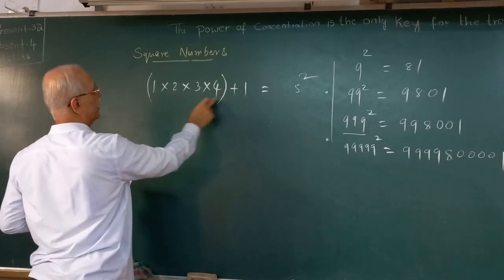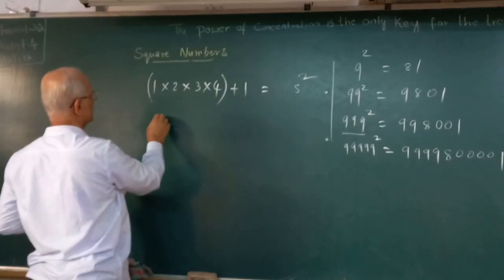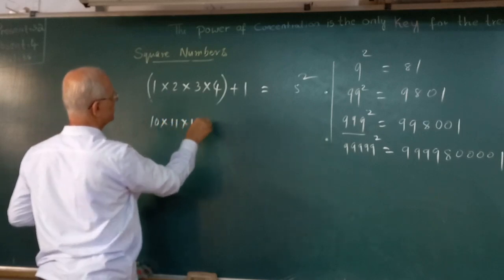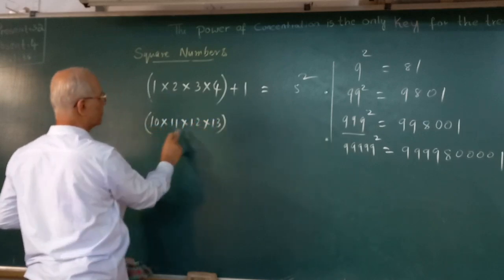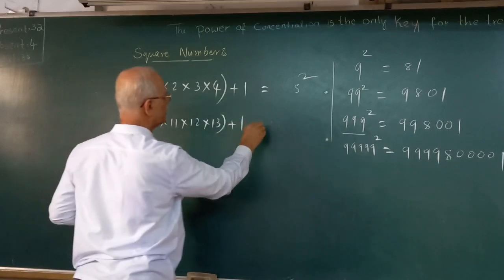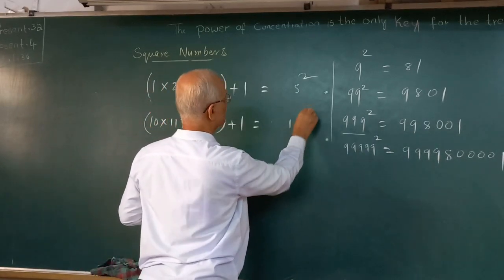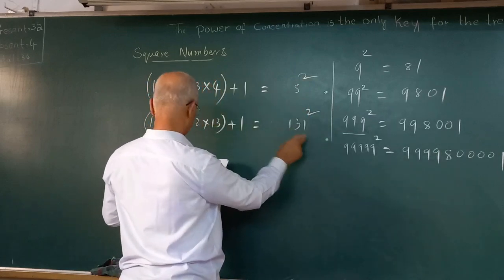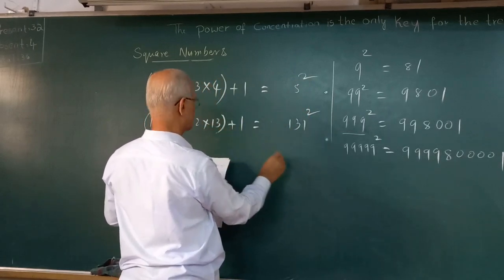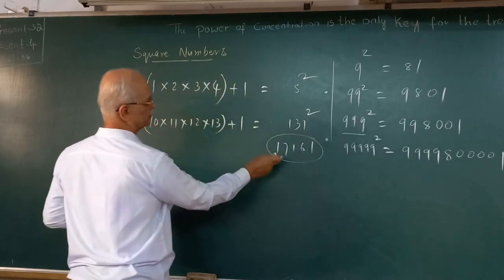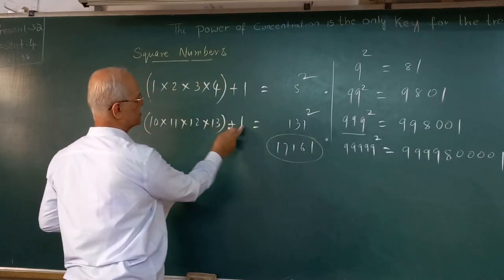Any 4 consecutive numbers you take, suppose you take 10 into 11 into 12 into 13, add 1 to this, you get a perfect square, that is 131 squared. If you multiply and add 1, you get 17161. This is the answer. The product plus 1 is this.